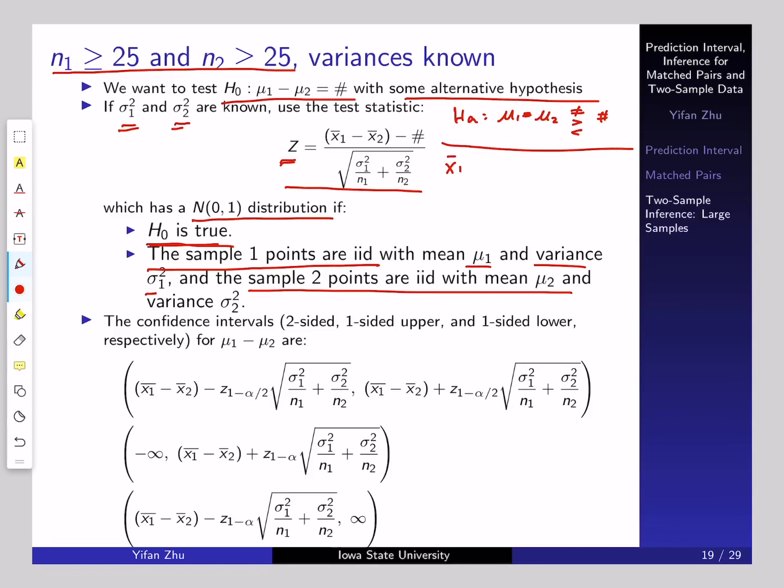Because by the CLT, we know that x1 bar, the sample mean, has a normal distribution with mean mu1 and variance sigma 1 squared divided by n1. And x2 bar also will be normal with mean mu2 and variance sigma 2 squared divided by n2.